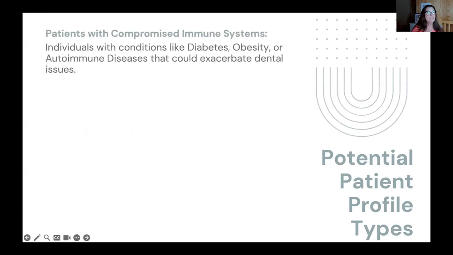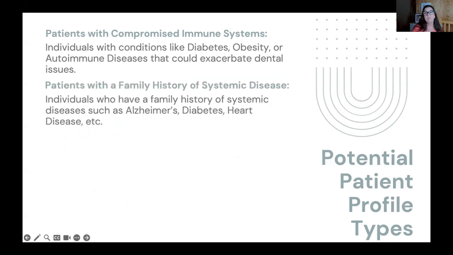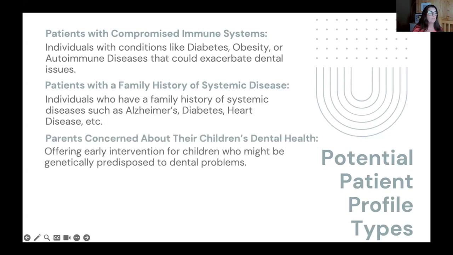Patients with compromised immune systems: individuals with conditions like diabetes, obesity, or autoimmune diseases that could exacerbate dental issues, and vice versa, dental issues that exacerbate the disease. Patients with a family history of systemic disease: individuals who have a family history of systemic diseases such as Alzheimer's, diabetes, heart disease, and more.